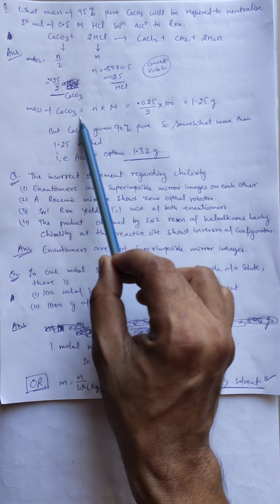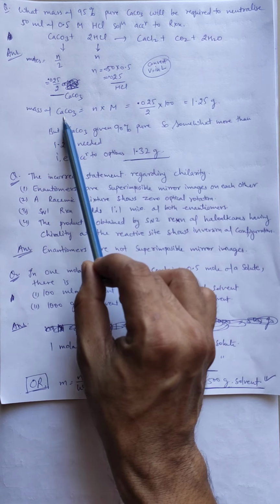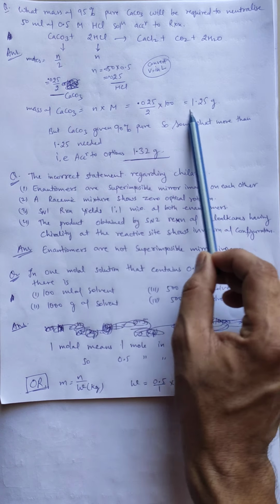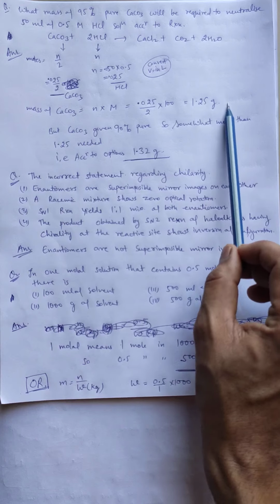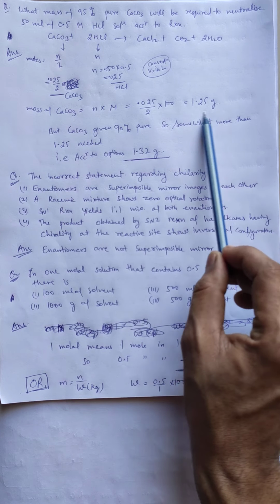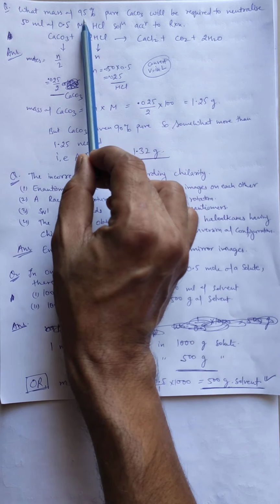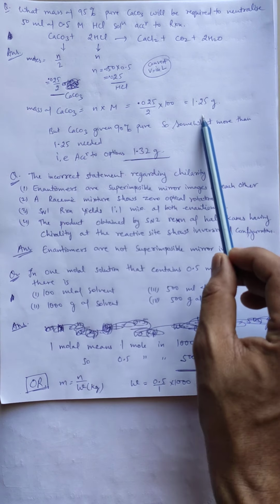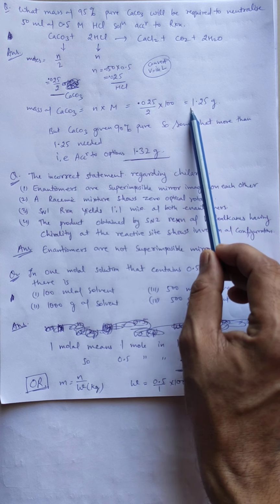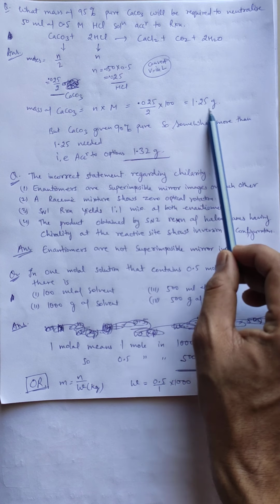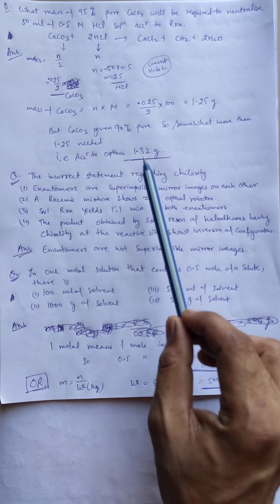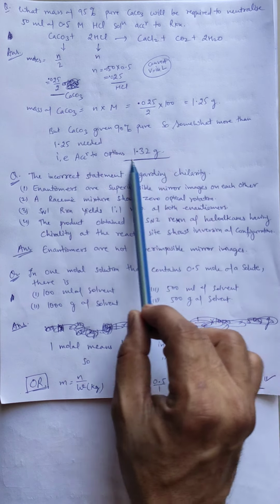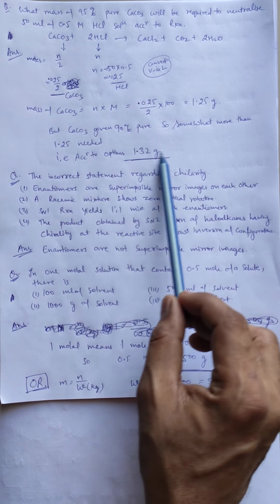Now you may calculate easily the mass of CaCO3, equal to moles multiplied by molar mass. So 1.25 gram is the answer. But it is given 95% pure CaCO3, which means you have to take somewhat more CaCO3 than 1.25. In the options, the nearest to 1.25 and more than 1.25 is 1.32 gram. So it is the correct answer.